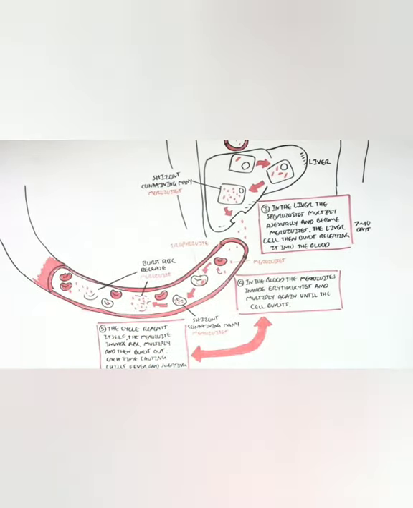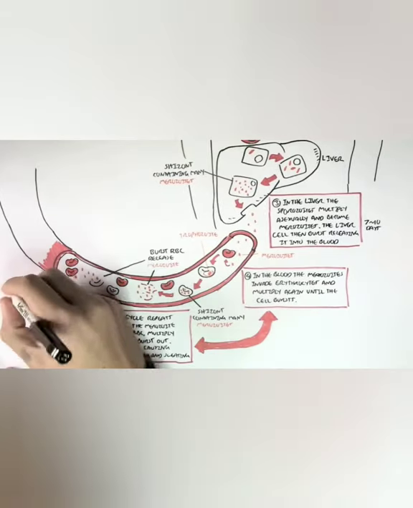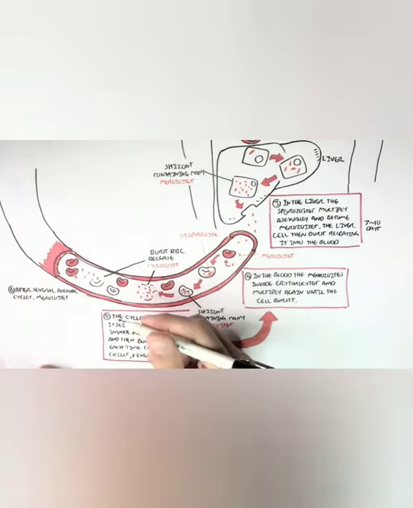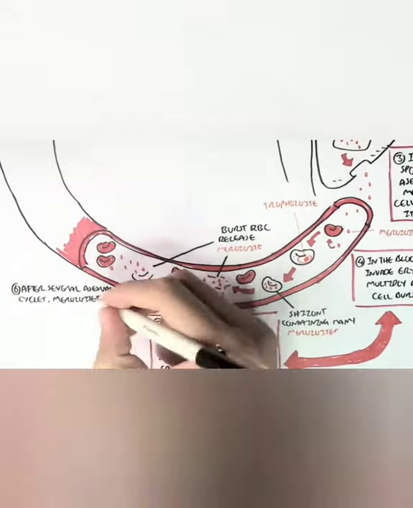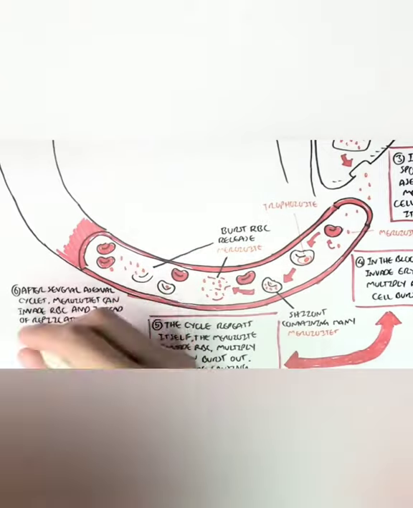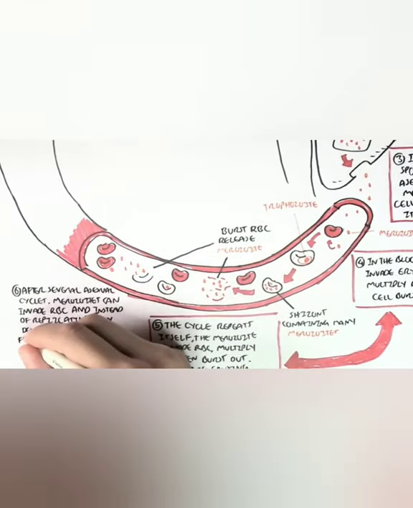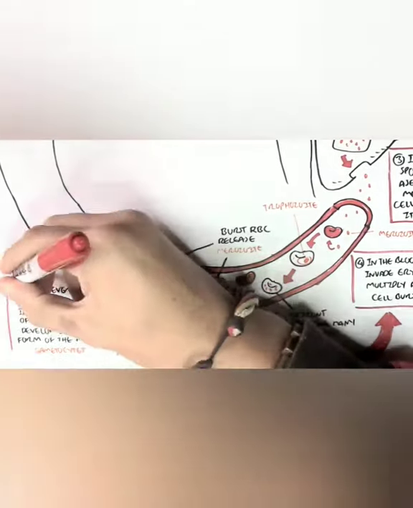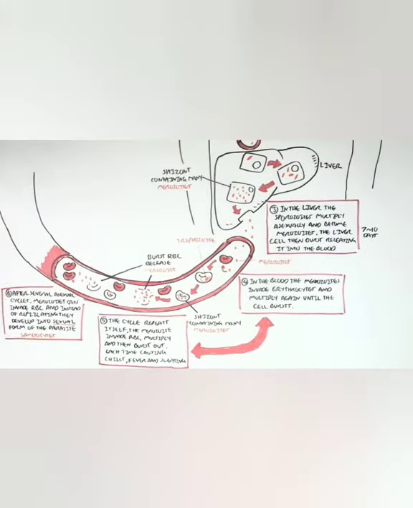Now, after several asexual cycles, the merozoites can infect a red blood cell, and instead of replicating or multiplying, they can develop into sexual forms of the Plasmodium parasite, which are the Plasmodium gametocytes. Now, there has to be two types, a female and a male gametocyte.